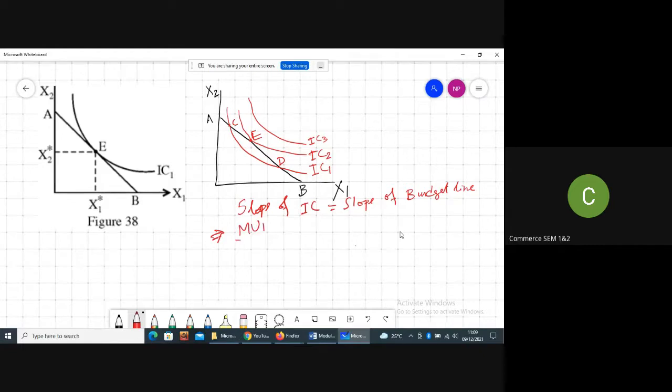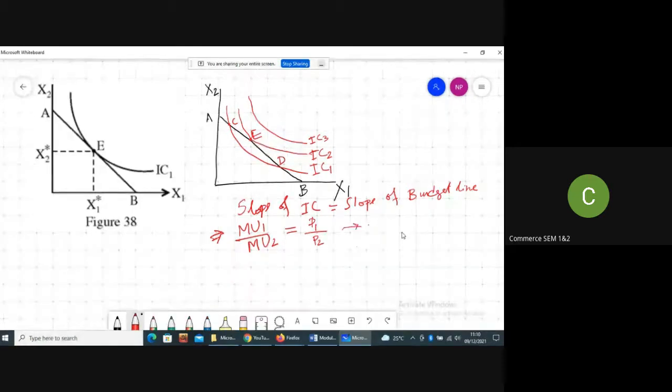MU1 by MU2, which will be equal to the slope of the budget line, that is P1 by P2. Fine. So this condition is our equilibrium condition, or this is also called the necessary condition of equilibrium.